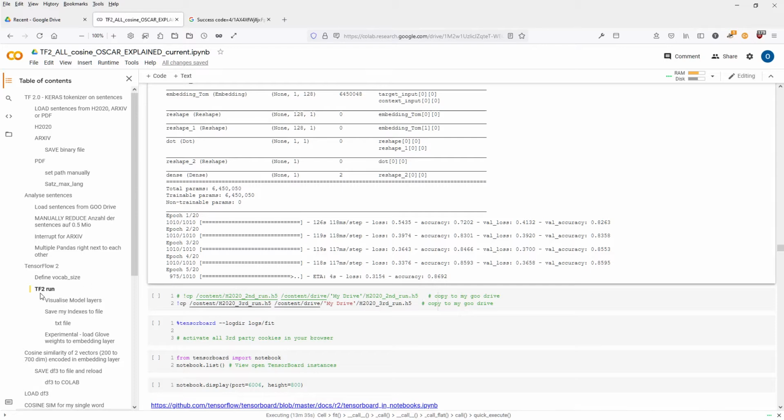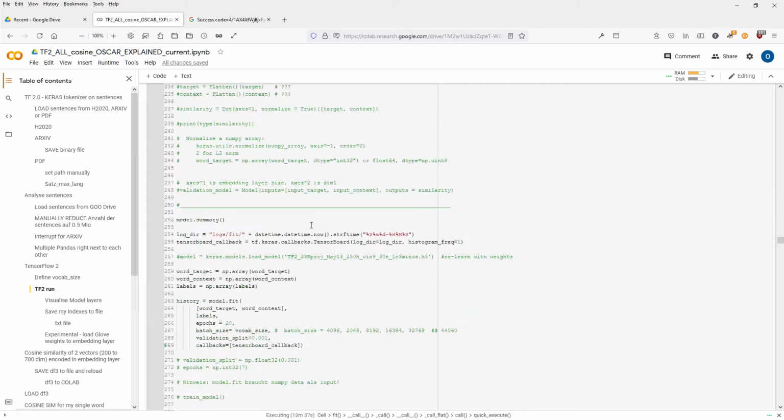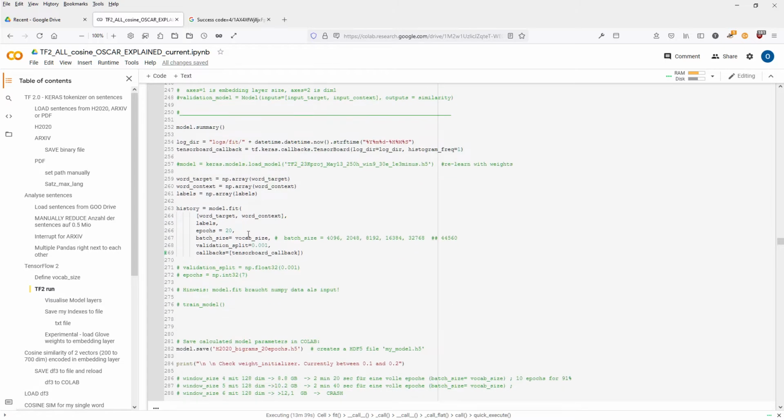What have I done? Where are we? This is a very classical model that I designed, a typical word2vec model. My word target, my word context, I have my labels. I've chosen 20 epochs and my batch size. I've chosen the vocabulary size, since I find if you load the whole vocabulary within the batch size, you get better results, in my opinion.